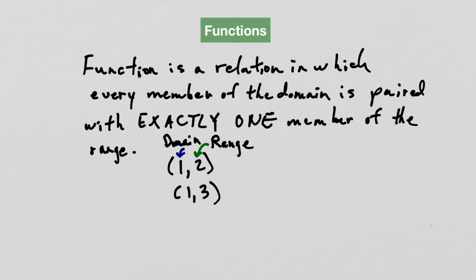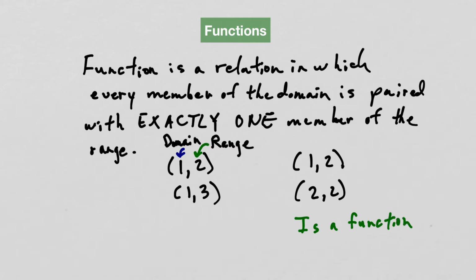Another way to look at this is if we have 1 comma 2 and 2 comma 2, this is a function, okay? That first combination is not a function, okay? So I'm defining a function for you so far in two different ways.